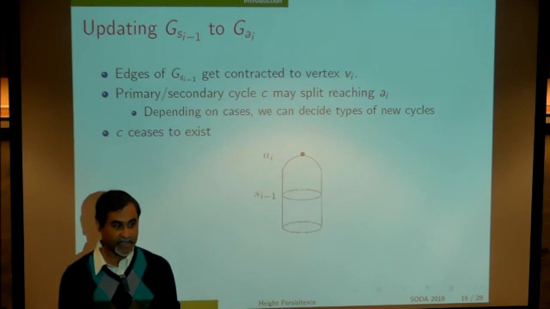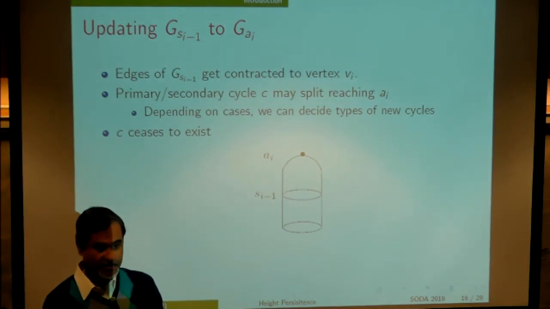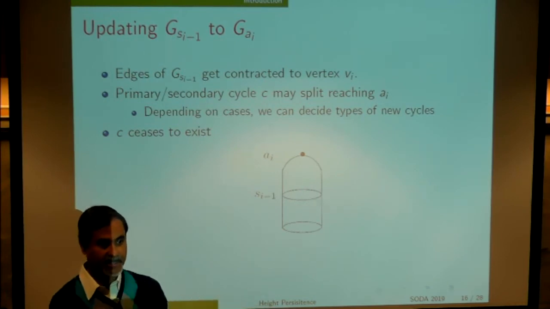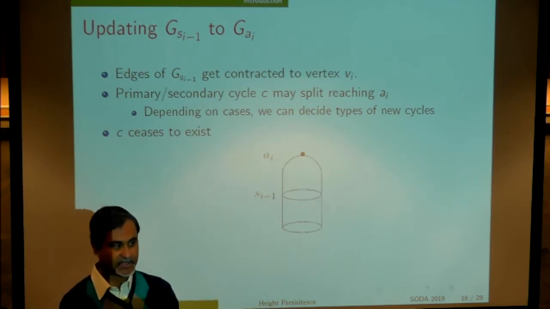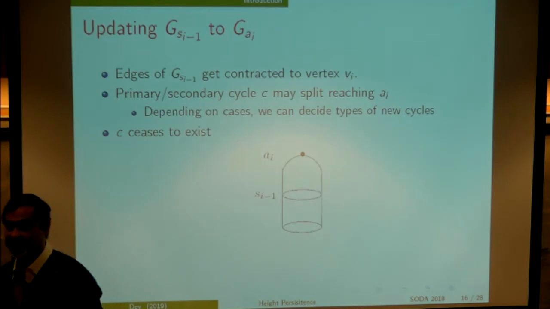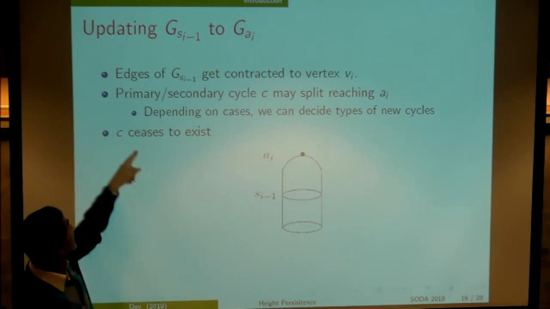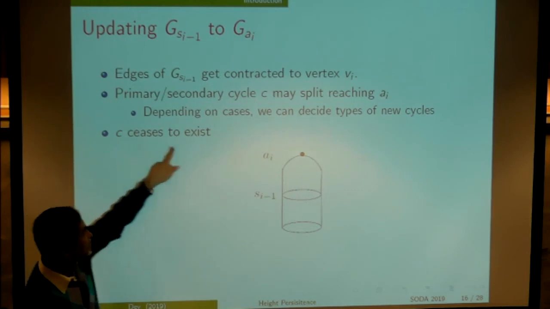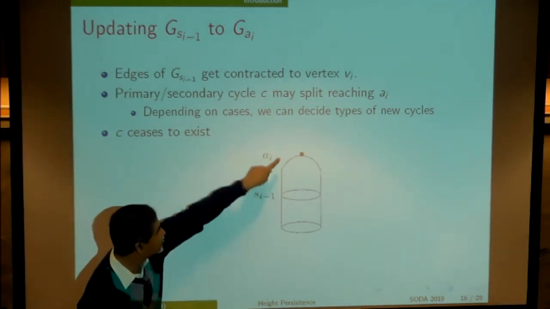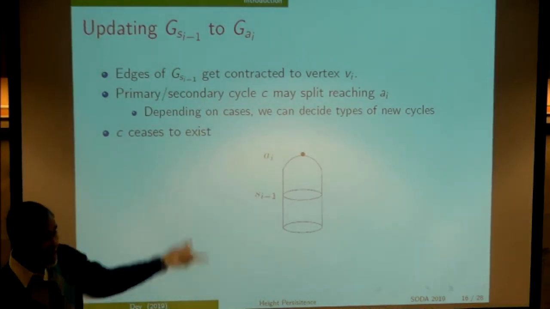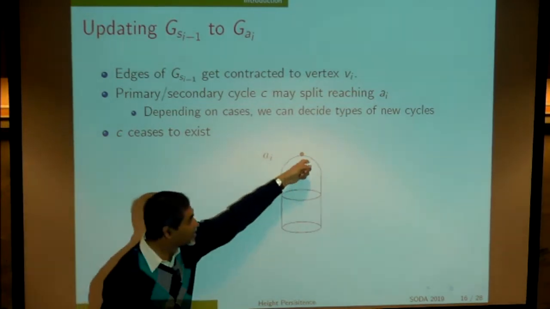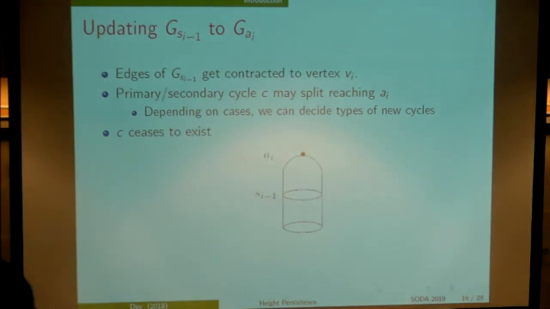Or it can happen that, as I showed you, something comes and splits because one cycle comes and really gets pinched. It can split, but the merging does not happen in this case. Merging happens for the other one when I go from the vertex to the next level, and in that case also the death happens when I go from the intermediate to a vertex, and the birth happens when I go from the vertex to intermediate.